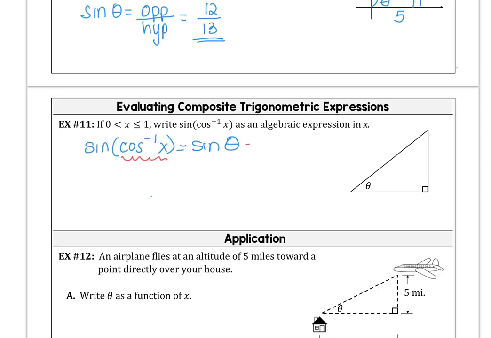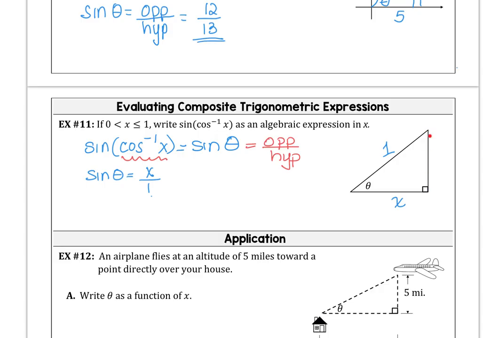So the angle is, that's sine is the opposite over the hypotenuse. And they gave us this little information. X has to be between 0 and 1. So what if we said the side opposite, we could say sine of theta is opposite over hypotenuse. So we could say sine is x over hypotenuse. How would we find that missing leg here?